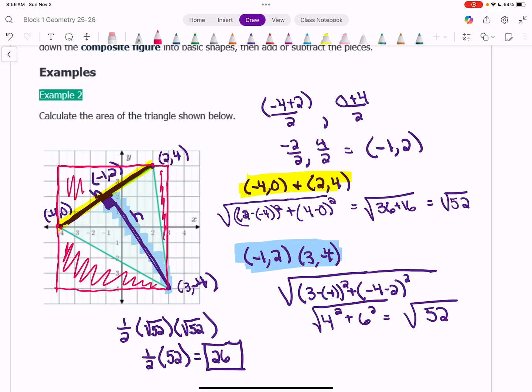So that's a way to do it too. Like you could find the area of each of those and the whole thing, and subtract out the individual red parts, and see if you end up with 26 when you're done. Check that out. That might work too.